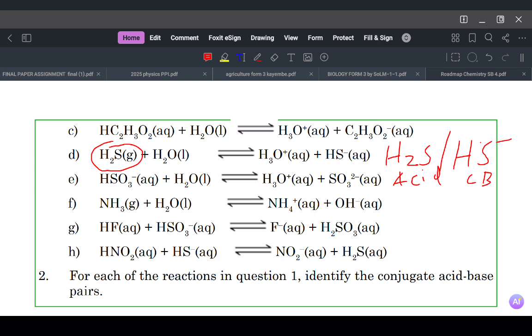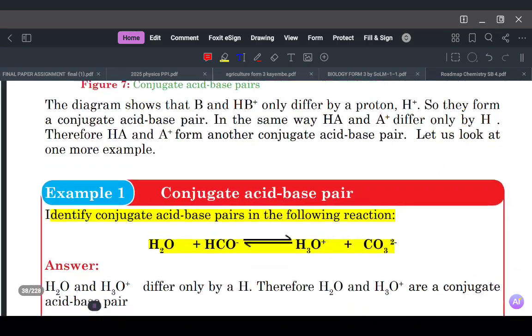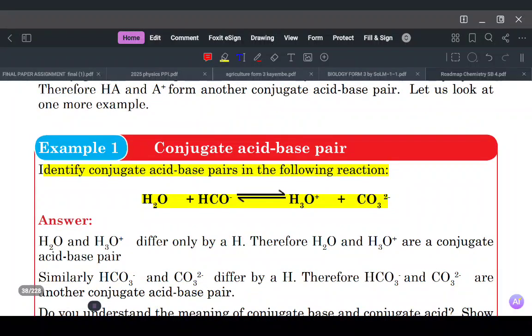So always start by listing the species that has the most hydrogen. If you go back to the previous example, notice that we listed water and the hydronium ion.